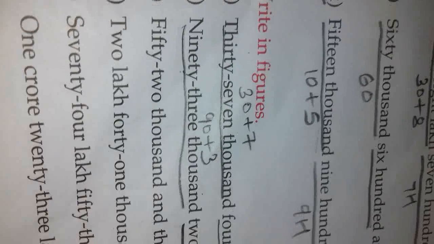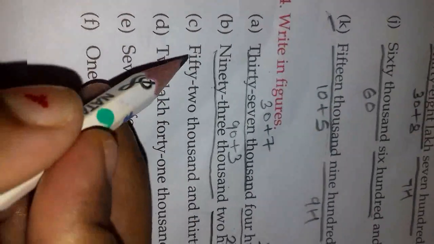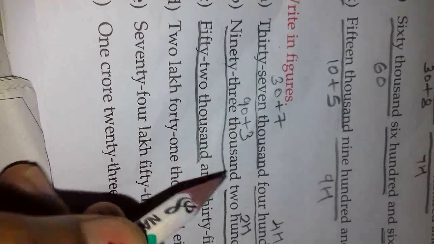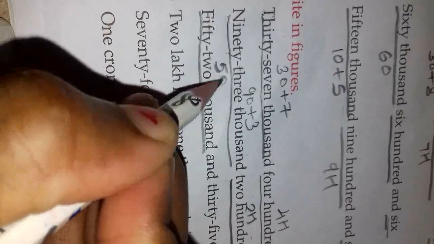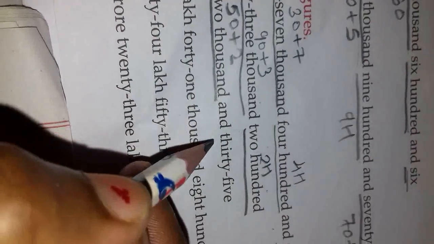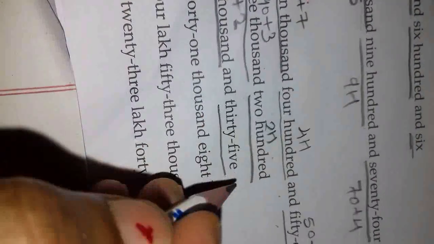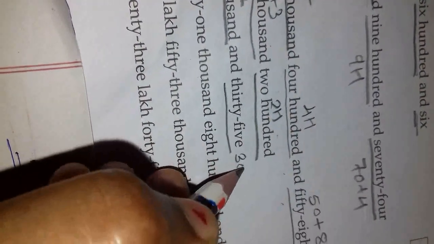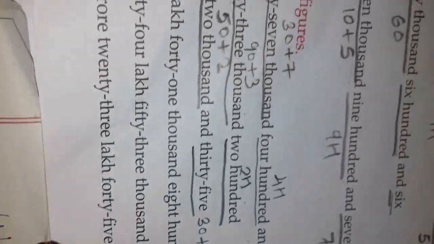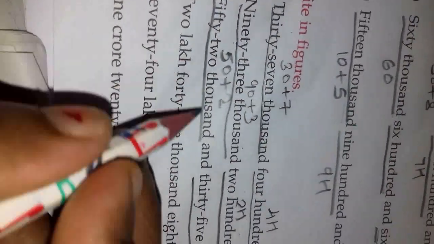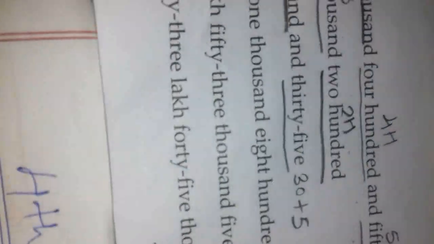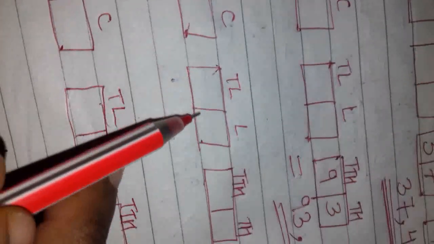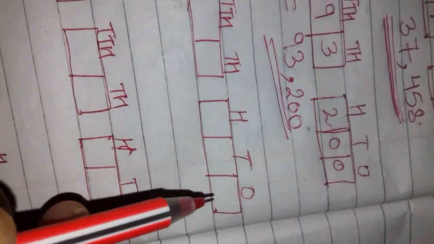C. 52,000. 52,000 means 50,000 plus 2,000 and 35. Only 35. It means in ones period 3 tens and 5 ones. So with this number we have 52,000 and 35. Now this is the period block for this number.